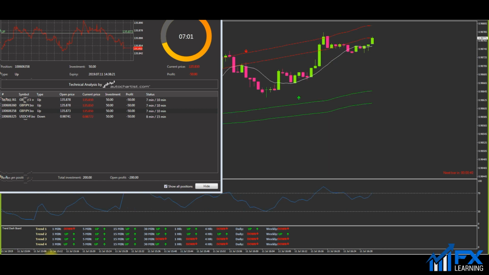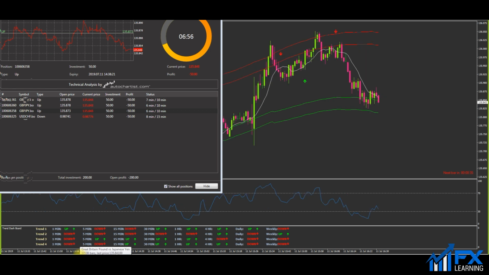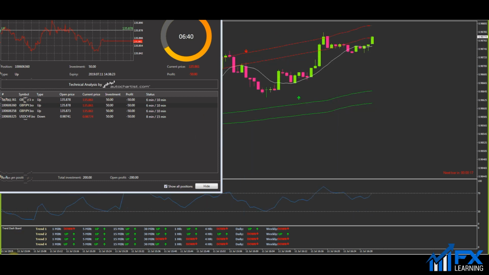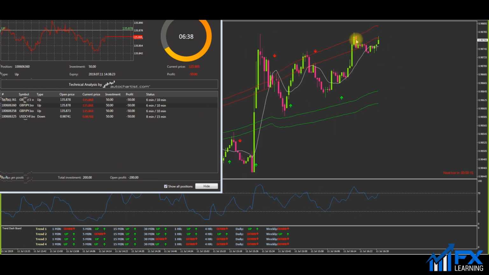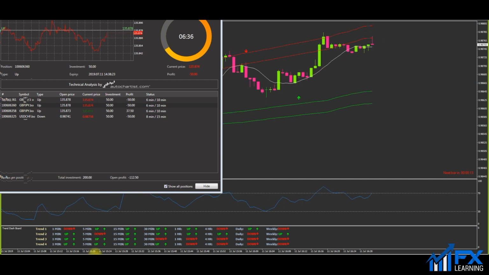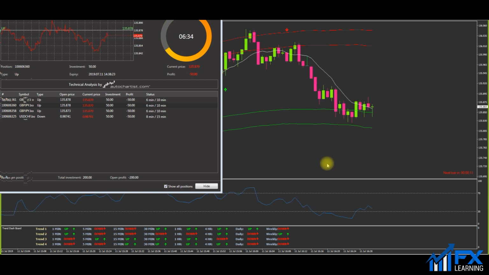I want USD Chef to go down and GPJPY to go up. But we are rejecting. Forget USD Chef. I'm not particularly interested in that at the minute. We might form a double top there and then drop again. But this is what I'm looking at, GPJPY.